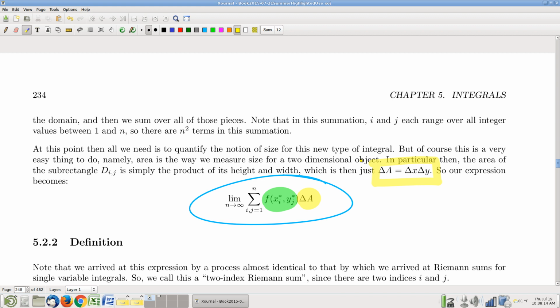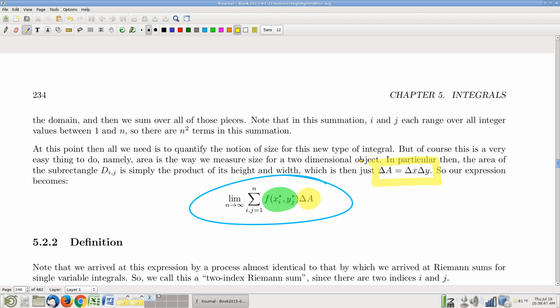Yeah? Okay, now what we've done here is we have successfully taken one application and written it as a Riemann sum. But this is our first Riemann sum over a two-dimensional domain. I'm going to claim that there are lots of other applications, and we're going to see some in a couple of minutes here. There are lots of other applications that, when you break them down according to the same big picture strategy, you get an expression that is equivalent to this.